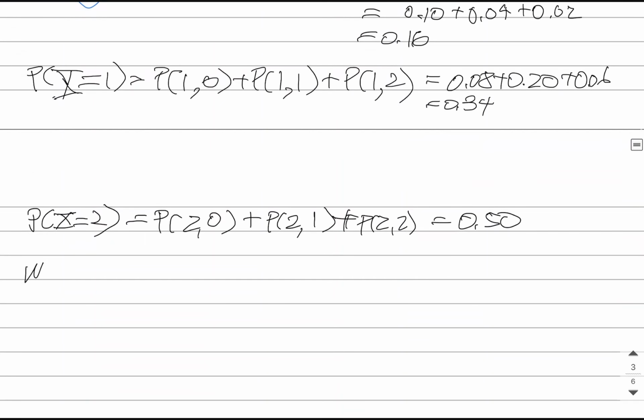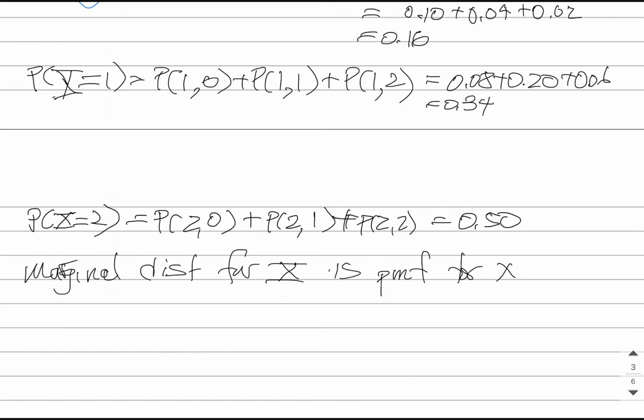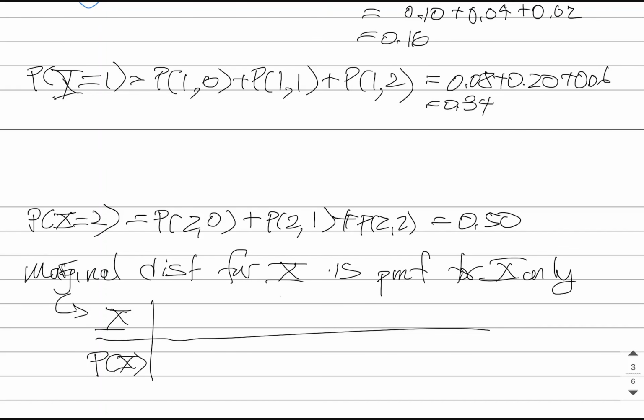And so the marginal distribution for x is essentially the PMF for x only. That's what it is. And what I mean by that is we are going to build the usual old mass function that we've got. When x is 0, we calculated above that the probability was 0.16.